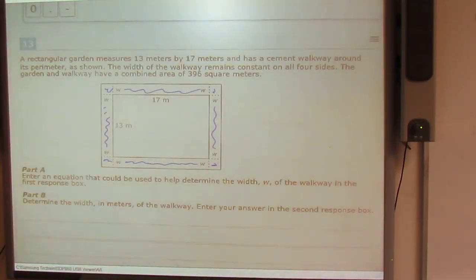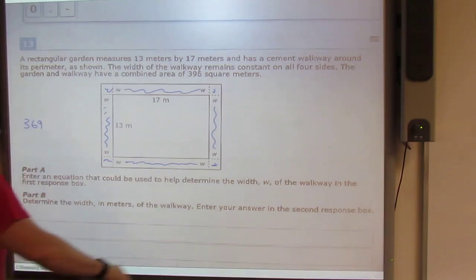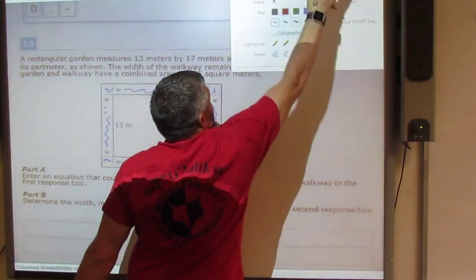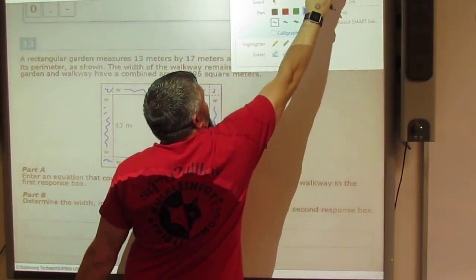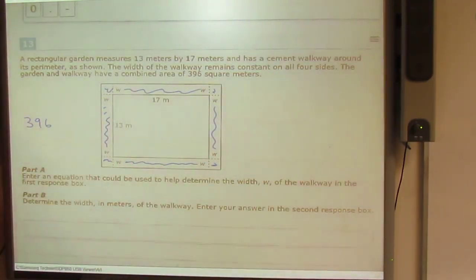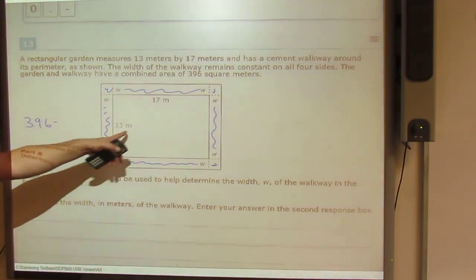So we need to first find an equation to figure out the walkway. Well, we know that it's going to be 396, subtracted by this middle piece.